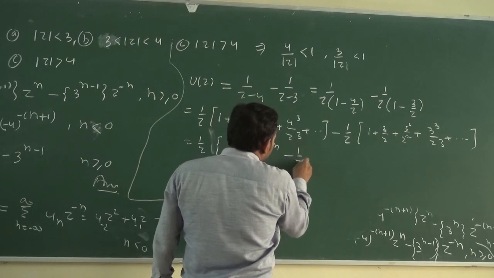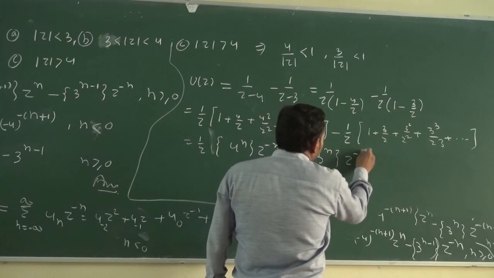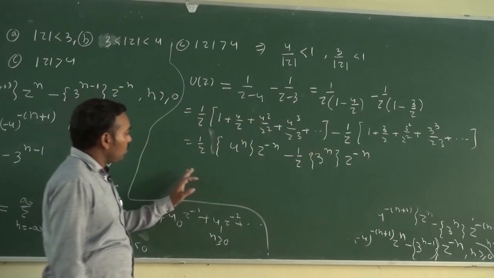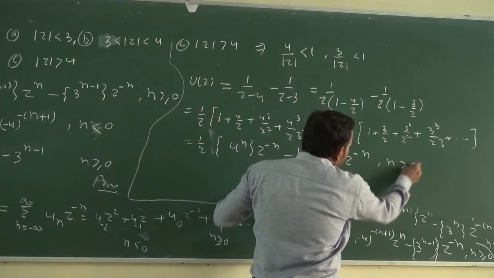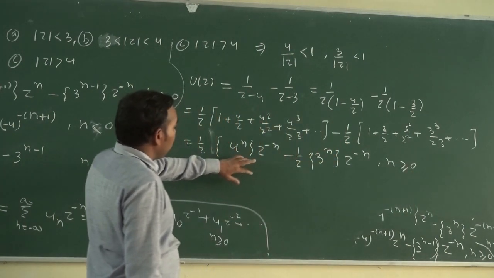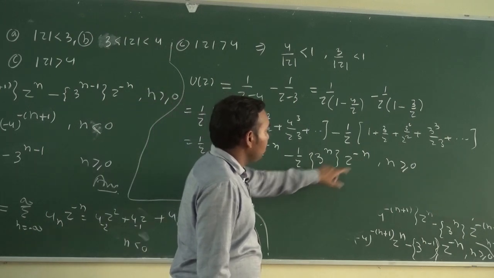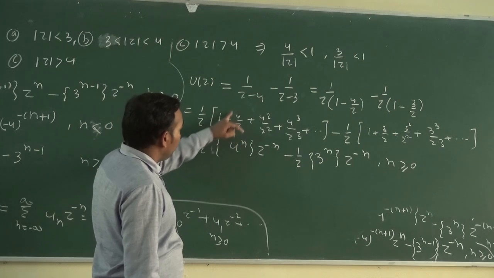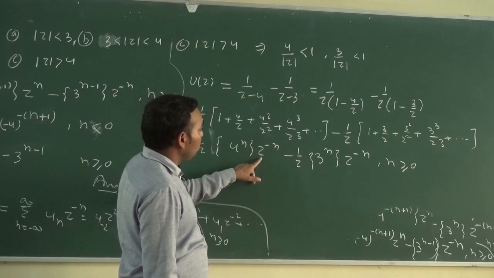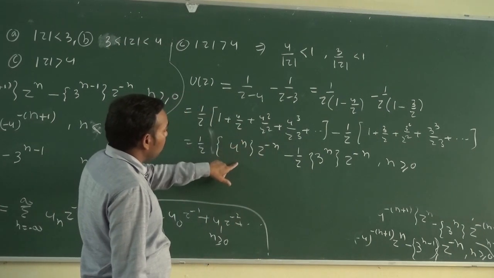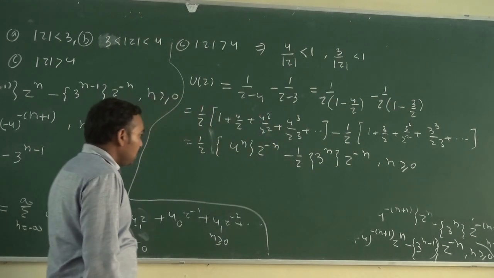Similarly this is 1 upon z, 3 to the power n z to the power minus n. For n equal to 0, 1; for n equal to 1, 4 upon z and 3 upon z; for n equal to 2, 4 square upon z square and 3 square upon z square.